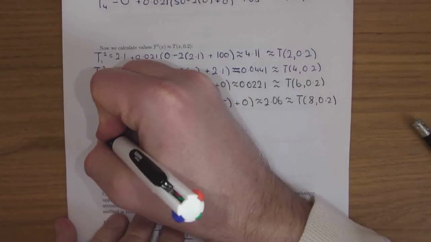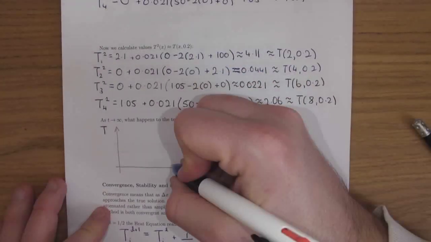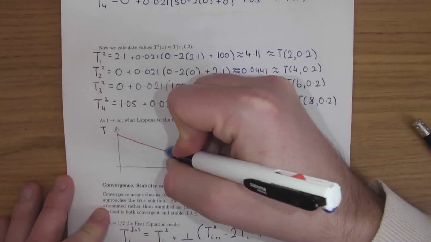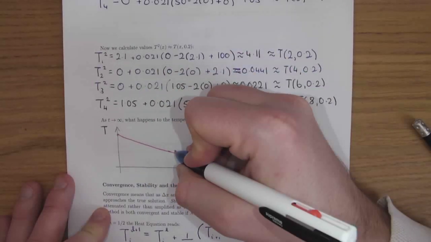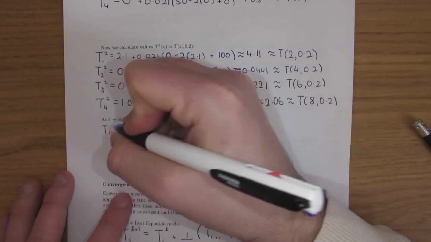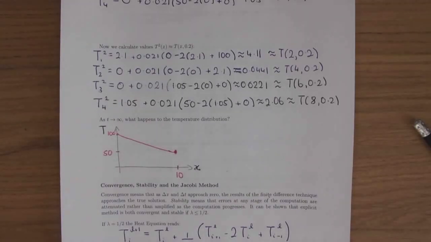Now things are a bit more complicated if the rod is not insulated, but any problem I give you will be insulated. All right, so this is distance 10. It goes from 100 to 50. And this is the equilibrium temperature.